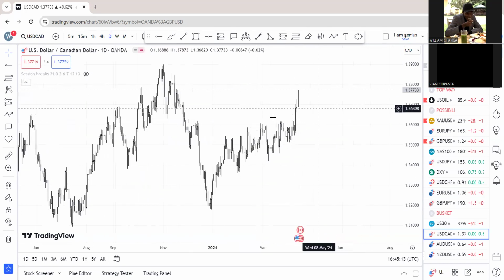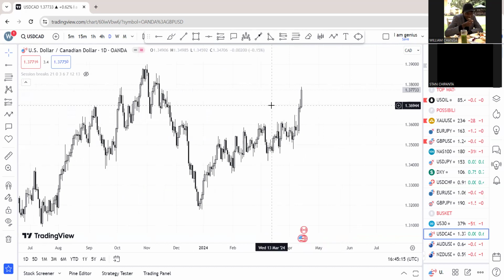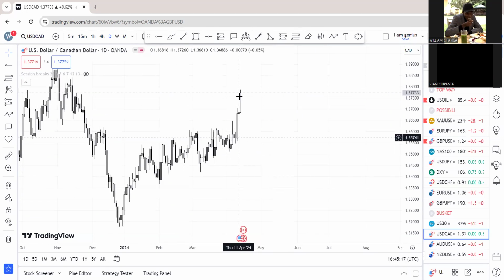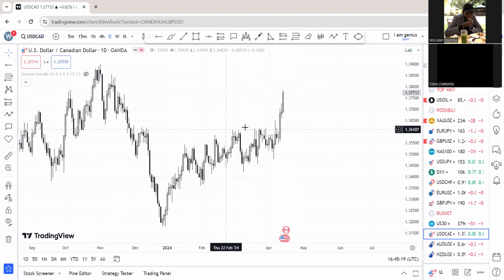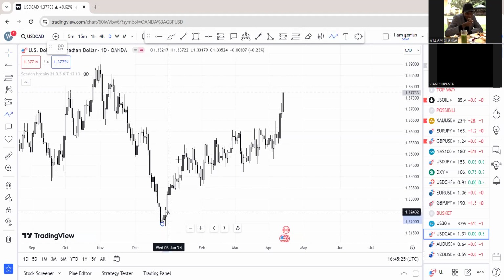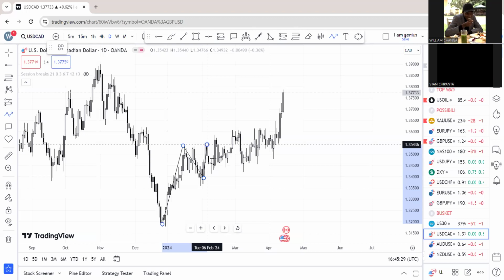Like what I was saying, this market is most likely not going to be able to sustain this upwards move. What I mean is, you can see that starting from here, the market had been pushing in a normal uptrend, just creating higher highs and higher lows.